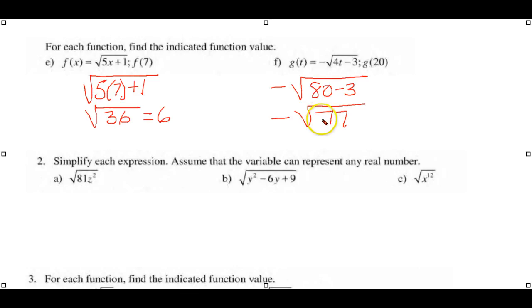Now 77 is not a perfect square, so we just leave it in this form. Now keep in mind, when it's not a perfect square under the radical sign, the number is what we call irrational.